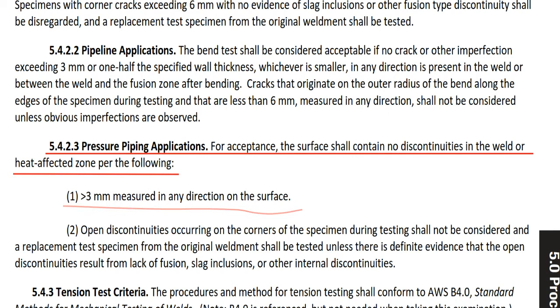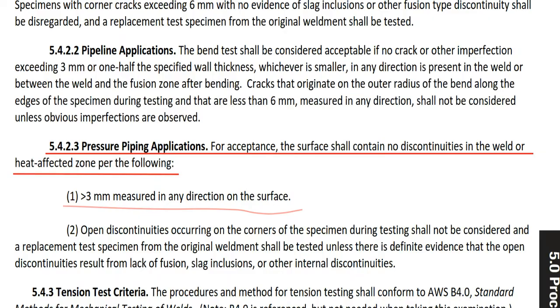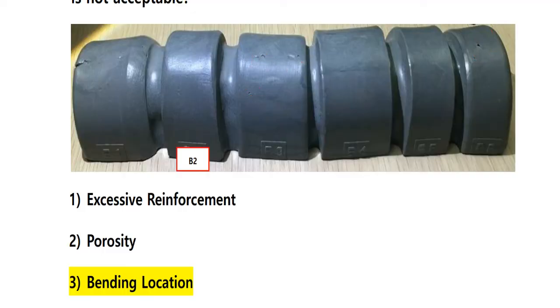So no discontinuity, that's acceptable, but discontinuities exceeding 3 mm, greater than 3 mm, that's reject. If the length of this discontinuity is over 3 mm, then reject, and reject.